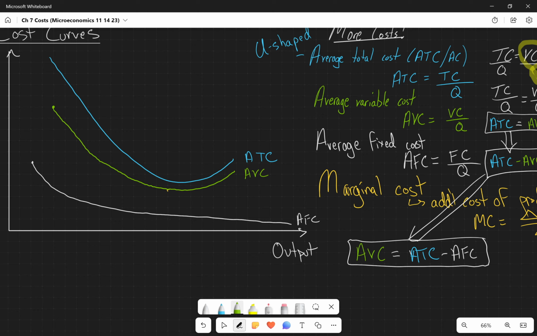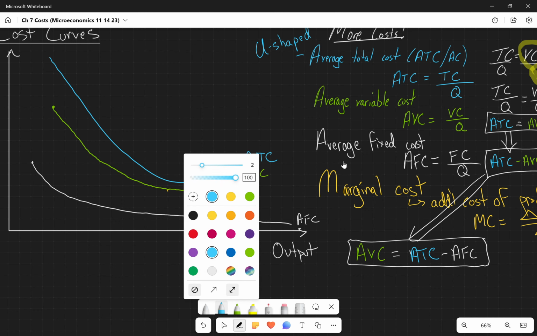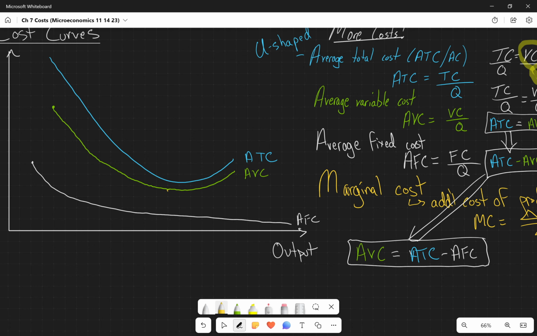Our last cost curve is this yellow one, our marginal cost curve. Our marginal cost curve looks like a Nike swoosh sign. And our marginal cost curve is going to cross the average fixed cost somewhere. The important part is it's going to cross the average variable and average total cost curve at their lowest points.